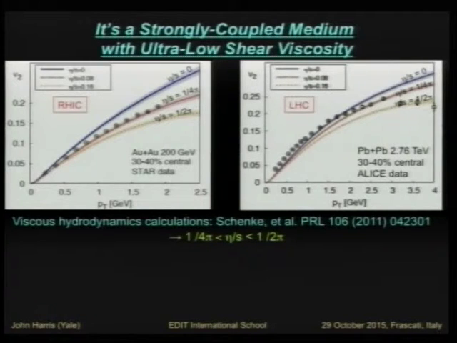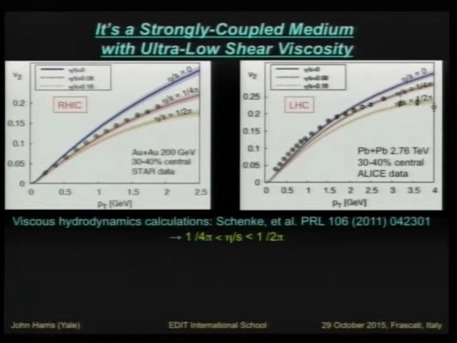Here, he plots V2 versus transverse momentum for RHIC data and for LHC data. Those are the symbols. And what he sees is that this eta over S, which is the shear viscosity to entropy ratio, is 1 over 4 pi, within errors for the RHIC data.